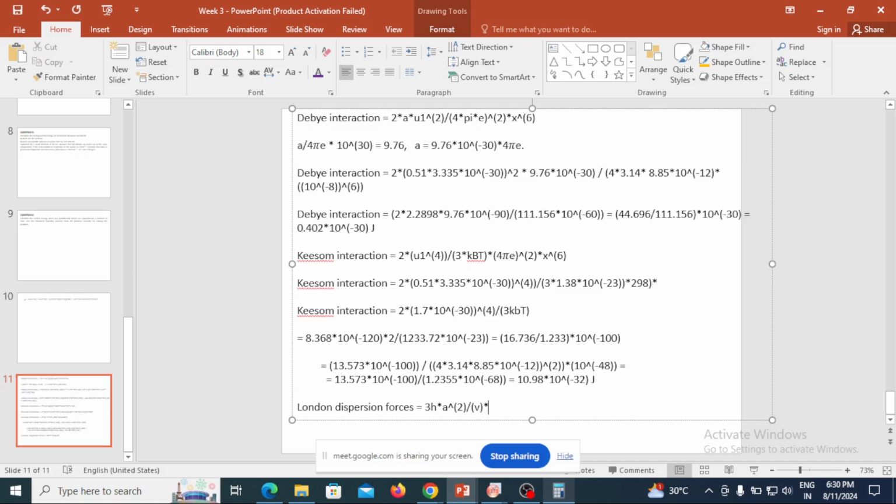This times you have again your 4 pi epsilon whole square times x power 6, right? So you just need to calculate this.